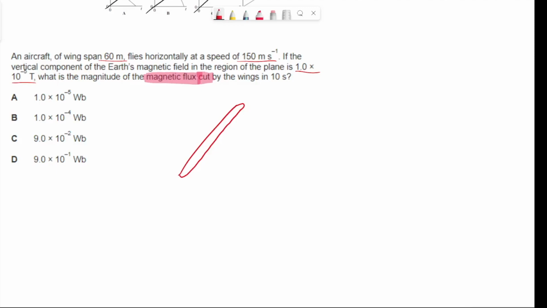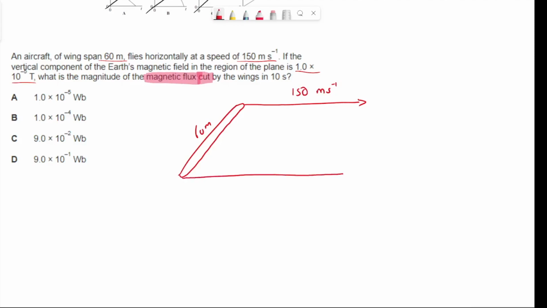So imagine this is our aircraft wing of length 60 meters, and it's traveling at a speed of 150 meters per second, and it does so for 10 seconds.